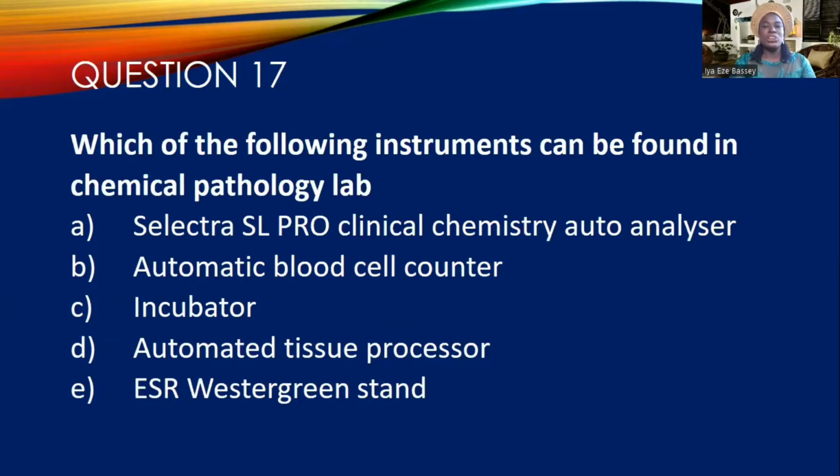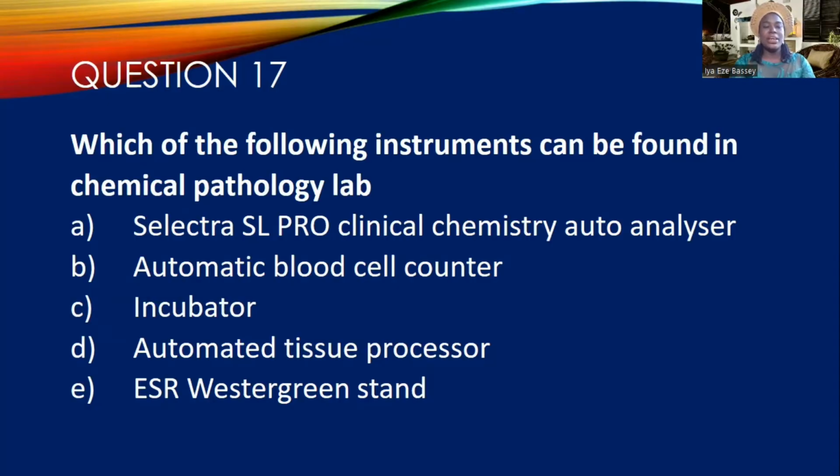Which of the following instruments can be found in the chemical pathology lab? A, Selectra SL Pro Clinical Chemistry Auto-Analyzer. B, Automatic Blood Cell Counter. C, Incubator. D, Automated Tissue Processor. E, ESR Westergren Stand. You all know that the automatic blood cell counter, you find it in hematology.